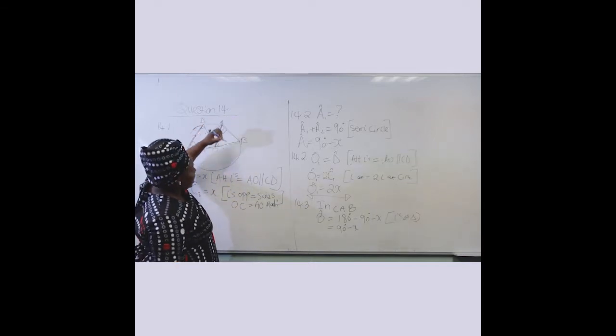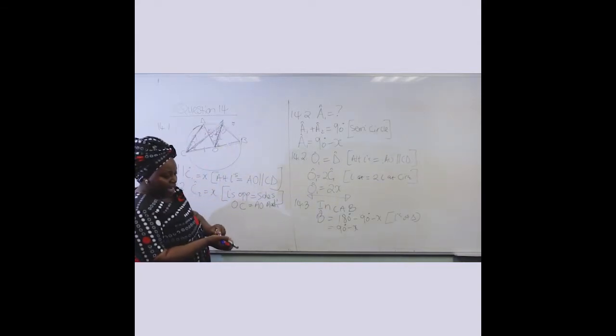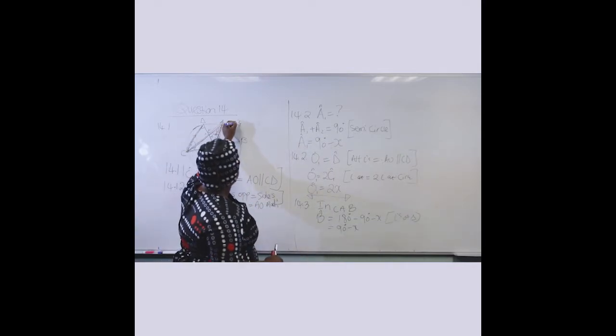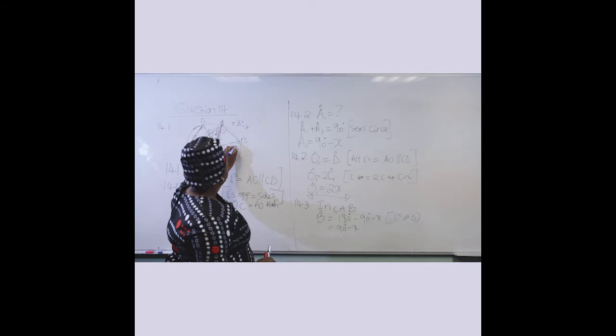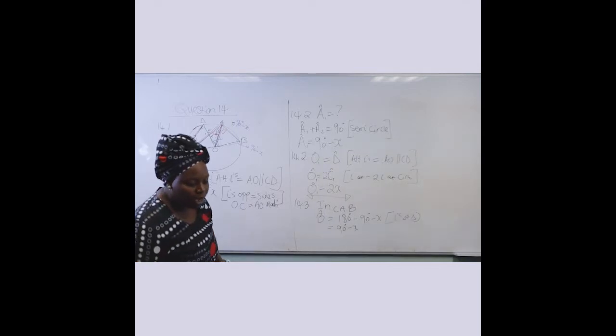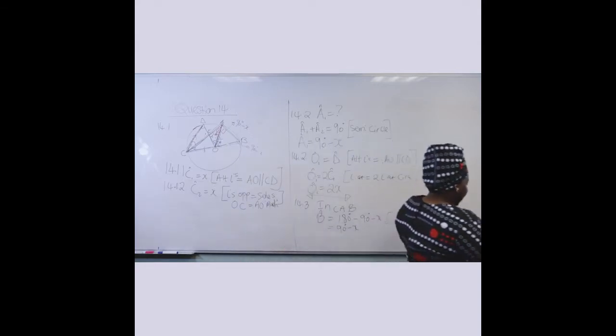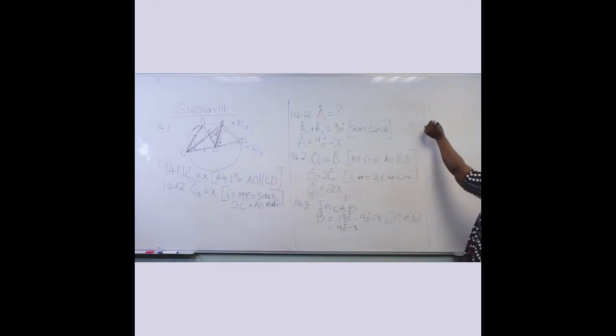Remember we said that angle A1 is 90 minus x, and also angle B is 90 minus x. Now what are we looking for? We are looking for angle O2 according to the statement. So this is what we are looking for. Now using that triangle ABO, angle A1 plus angle B plus angle O2 is 180 degrees.